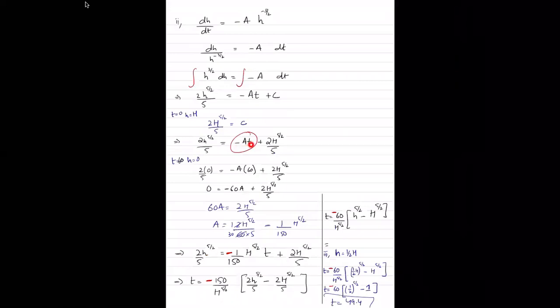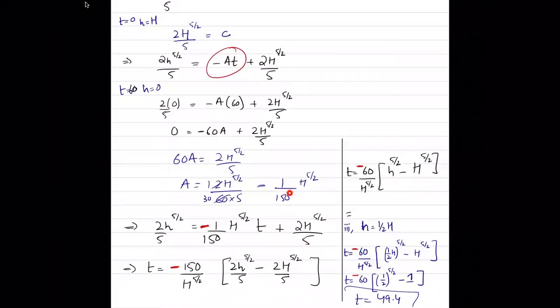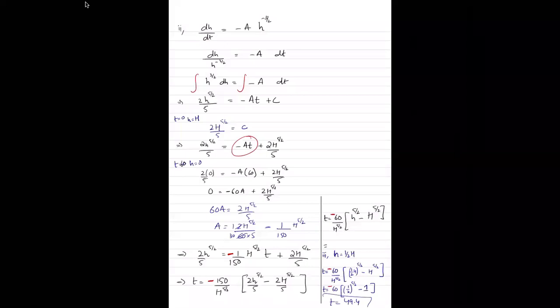There was minus 60 in the equation when I found the value of a, and then when I was plugging the value of a again, I forgot the minus sign, because of which my time was coming out to be negative. But now if I carry on with the negative sign, the negative 49.4 is going to be multiplied by negative, so you're going to end up with 49.4. Do you understand this now? Yes, sir. Okay, good.